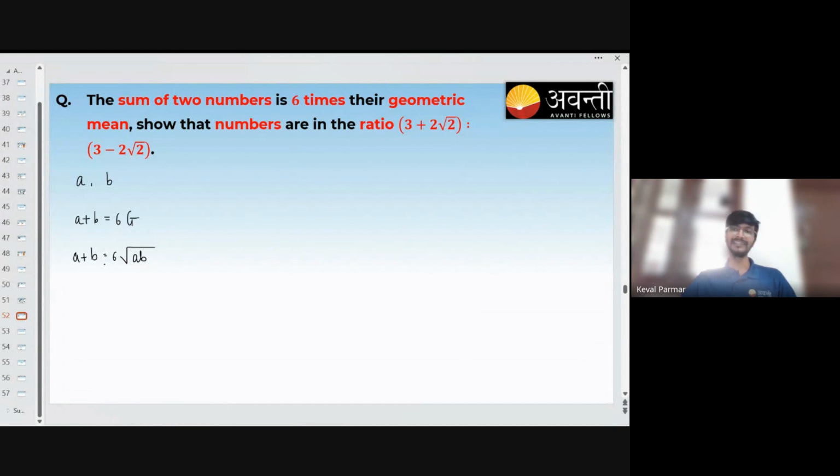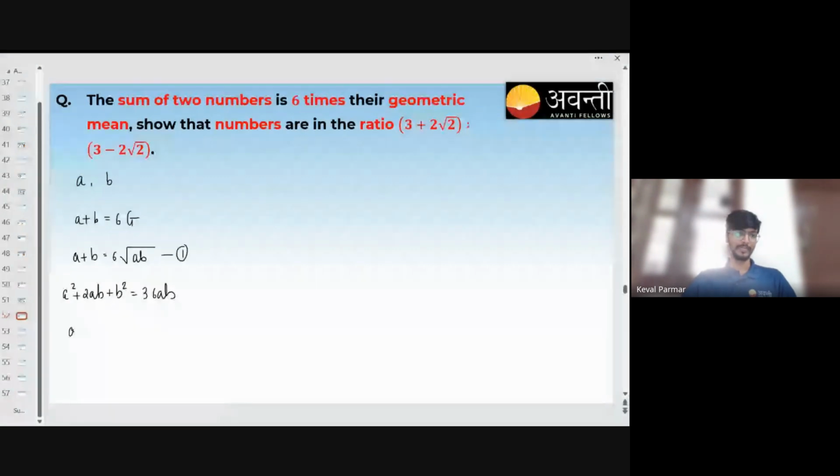Show that the numbers are in the ratio. So you have to find the ratio. So what can we do here? We can square, right? So I'll get A square plus 2AB plus B square equals 36AB. Before squaring, let's mark this as equation number 1.